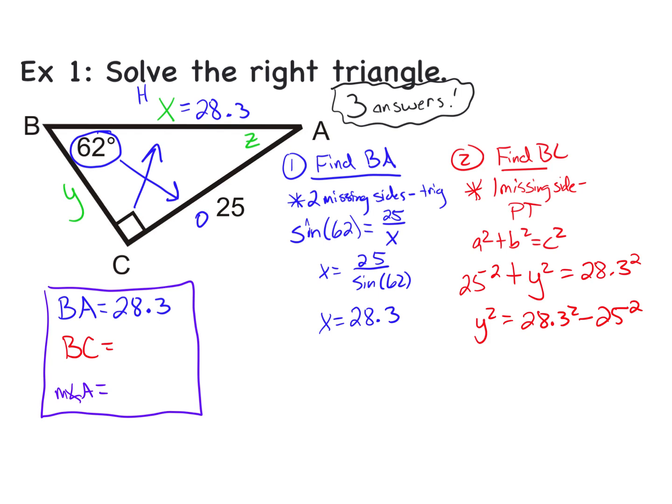What's the opposite of squaring something? Square root. So take the square root of both sides. Literally, you just plug into your calculator the square root of 28.3 squared minus 25 squared. You can do that all in one step. If you still want to break it down, that's fine, but I just recommend doing it all in one step. Set it up like this, do it in one step, and make your life a little easier.